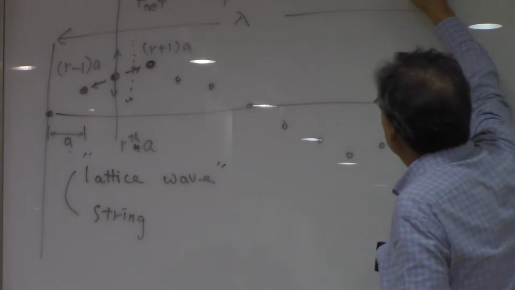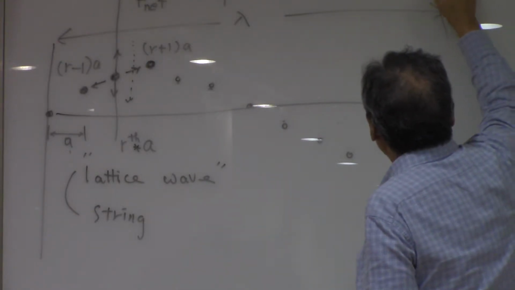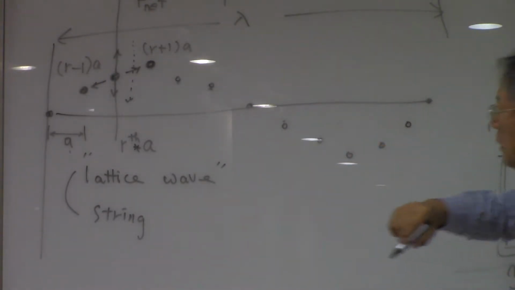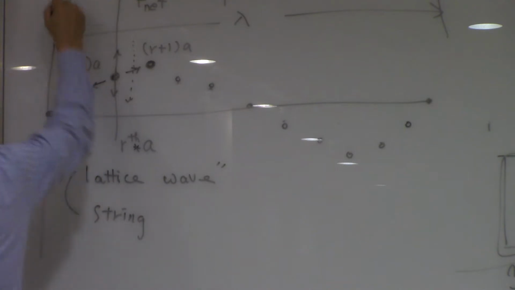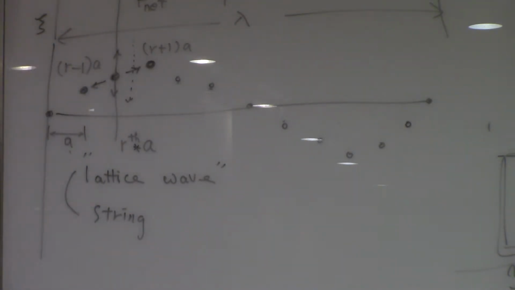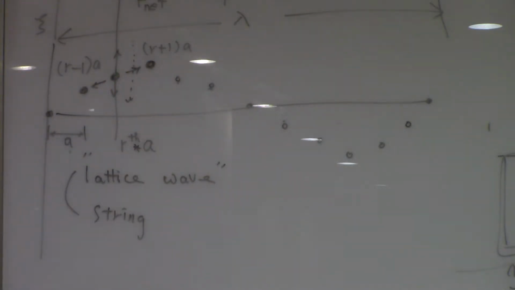And that is going to be m times the second partial derivative of psi with respect to t, psi being the displacement along the y-axis. So now the question is, how can you get this psi? How can you get this F up and F down? As long as we have F up and F down, then everything is simple.